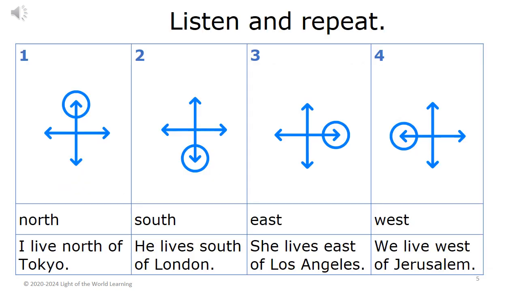Listen and repeat. 1. North. I live north of Tokyo. 2. South. He lives south of London. 3.